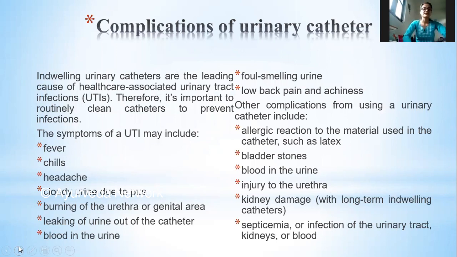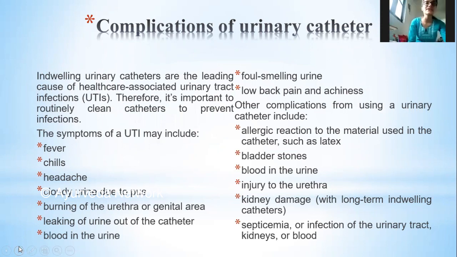Okay, now we'll understand certain complications. Till now we have understood that the common complication of a urinary catheter, and why we have complicated these steps so much, is to avoid urinary tract infection. We must avoid urinary tract infection. What symptoms will you experience in the patient?